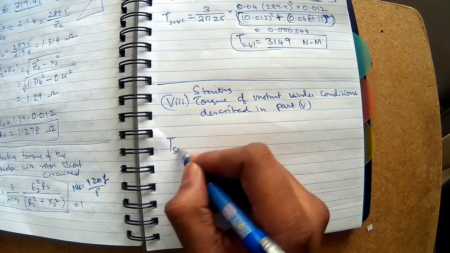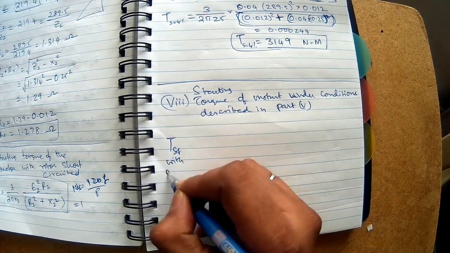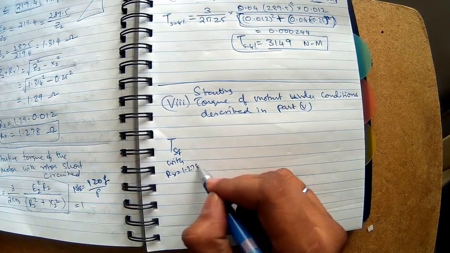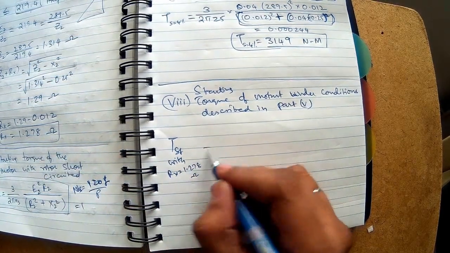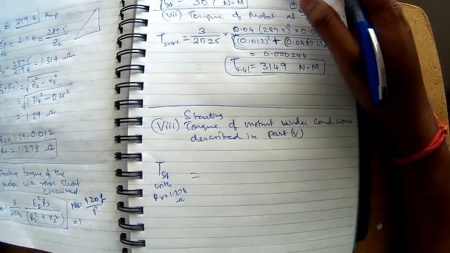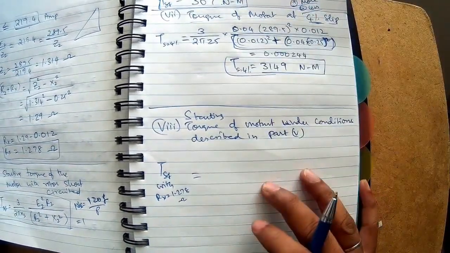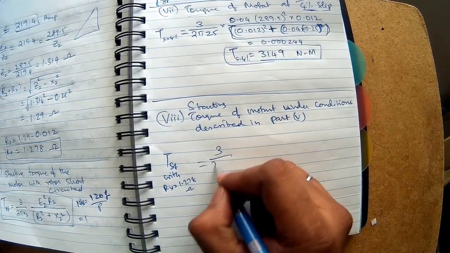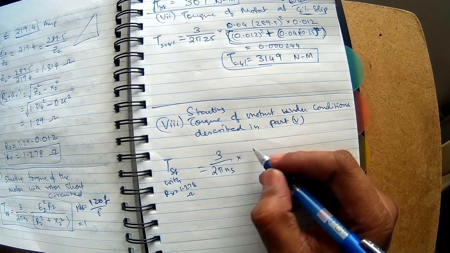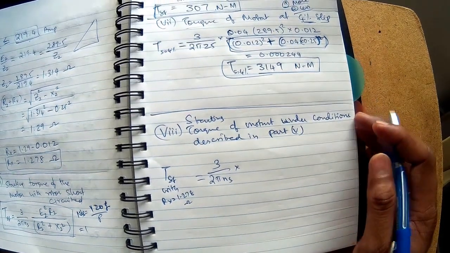So again, the starting torque with Rx equal to, what was the value? 1.278 ohms. So some external resistance I have added. What is the starting torque now? Will the starting torque improve as a result of adding external resistance? So let's do that now. This is again 3 by 2 pi ns, multiplied by E2 square. What will be the E2?